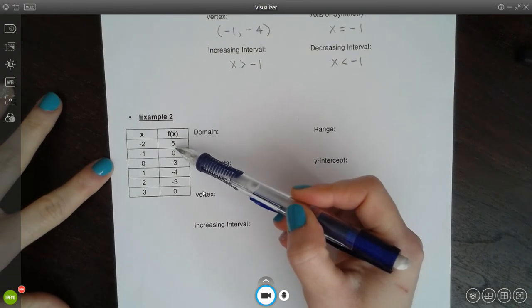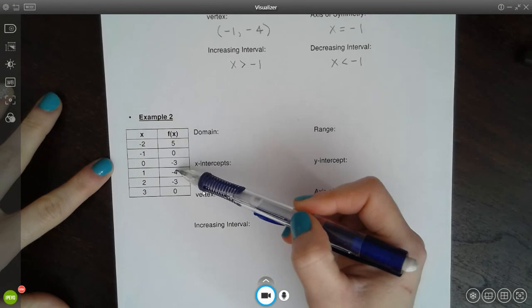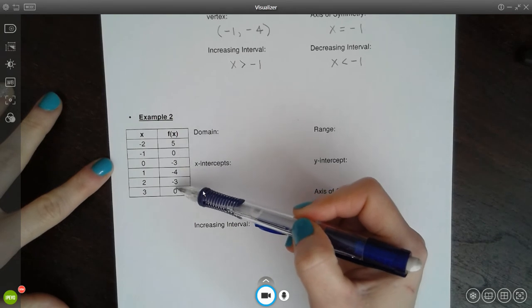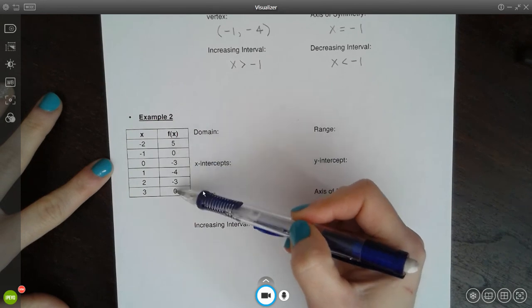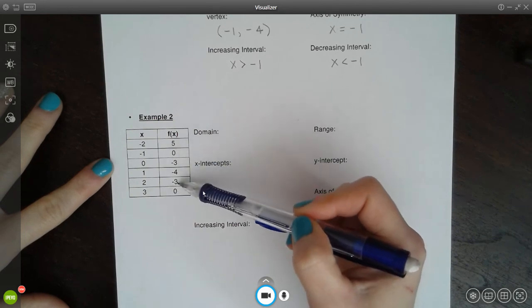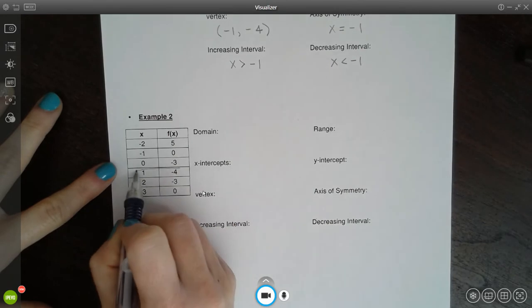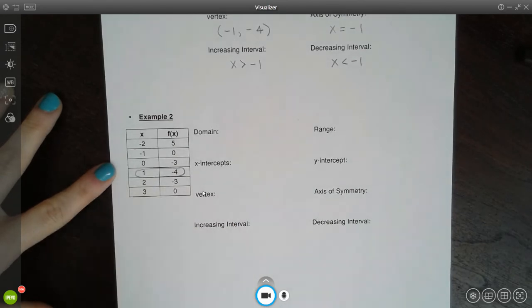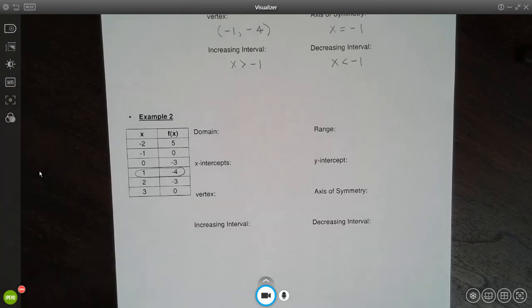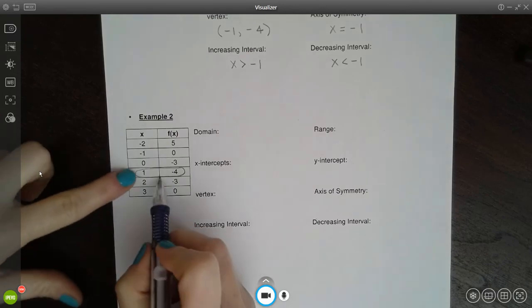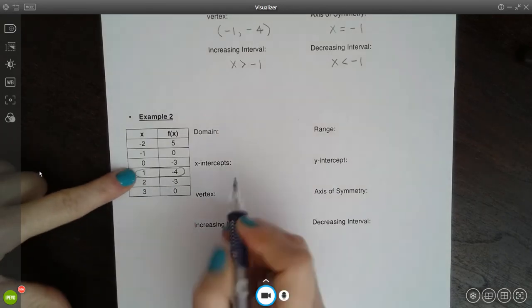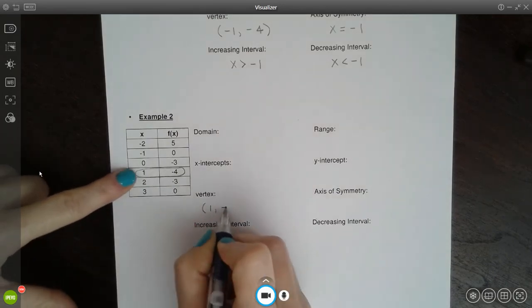These are going down first, and then they start going back up. And I also see that these y values begin to repeat, and they repeat around this point right here, 1, -4. And since that's where we're starting to see that repetition of y values, that tells me that this point right here is my vertex.